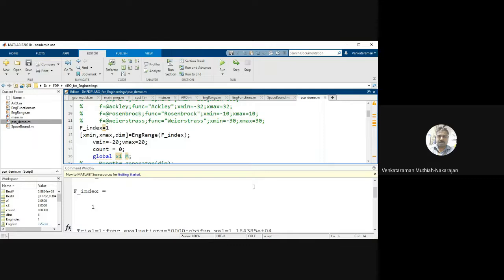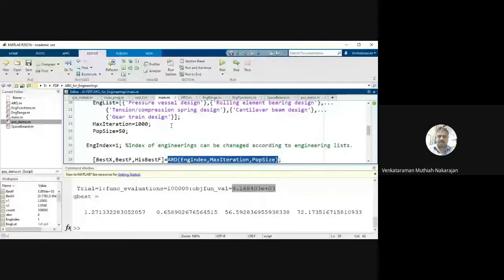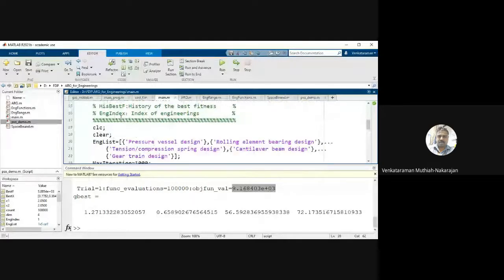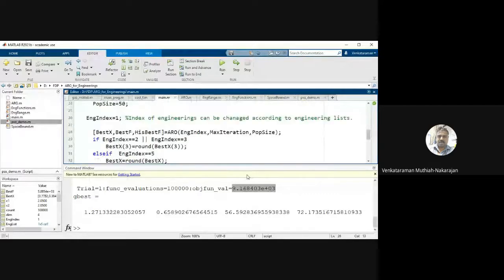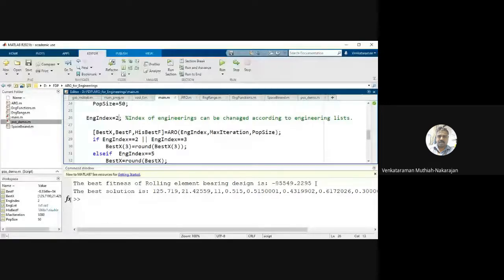Yeah, let us try out another function. I'll change the index. So every index corresponds to a different problem. This time also they have a convergence curve, and this time their best solution is minus 85,549.